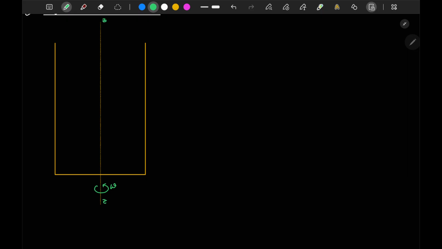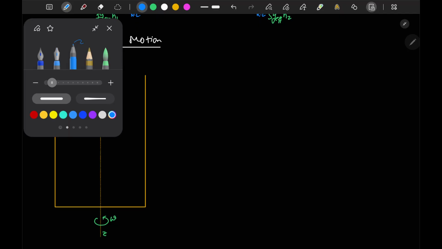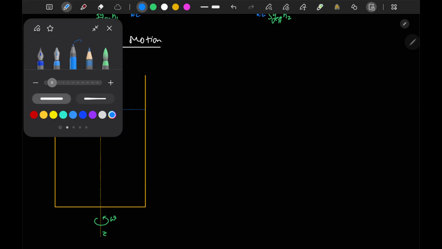Let's say this was your initial free surface. But what happens when we start rotating?